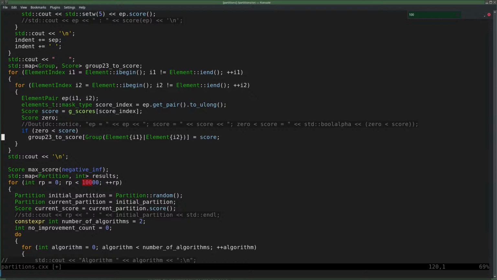And I want to do three elements as well. So after I've done this, I could do three elements.